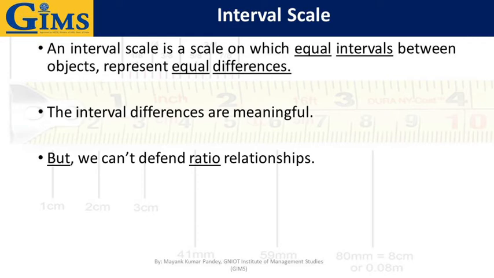Say one interval is written like 21 to 30, and another interval is written like 31 to 40. You cannot calculate a ratio relationship between 21 to 30 and 31 to 40. So for that we need a ratio scale, wherein we can establish a ratio relationship.